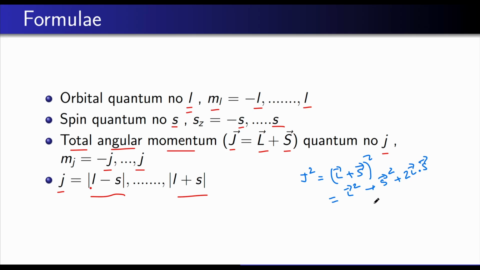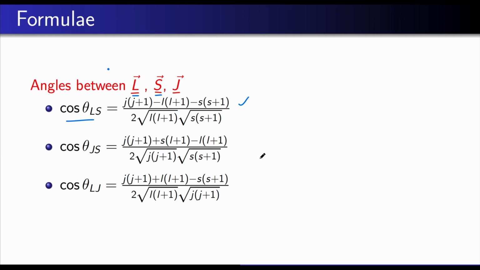From here you get this. We know L square is typically L into (L plus 1) H bar square, and S square is S into (S plus 1) H bar square. Like that, you get cos theta LS.